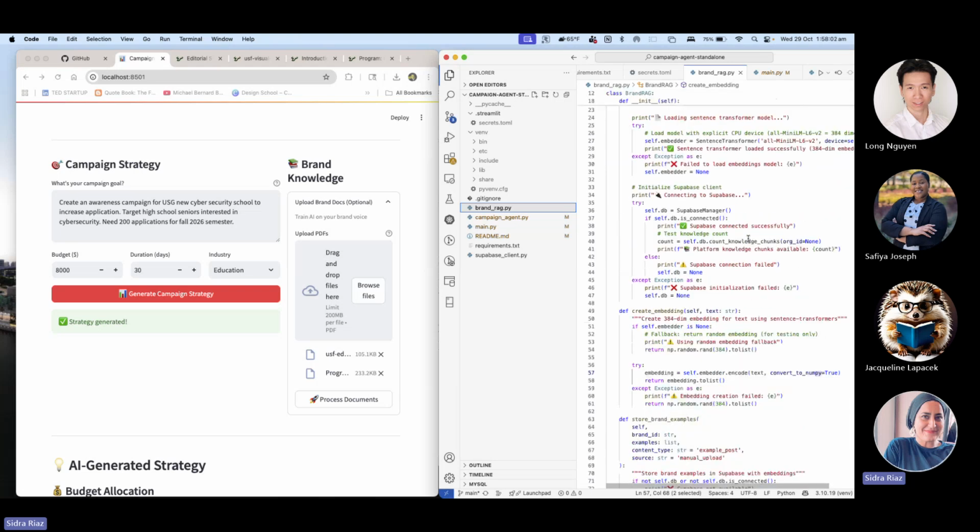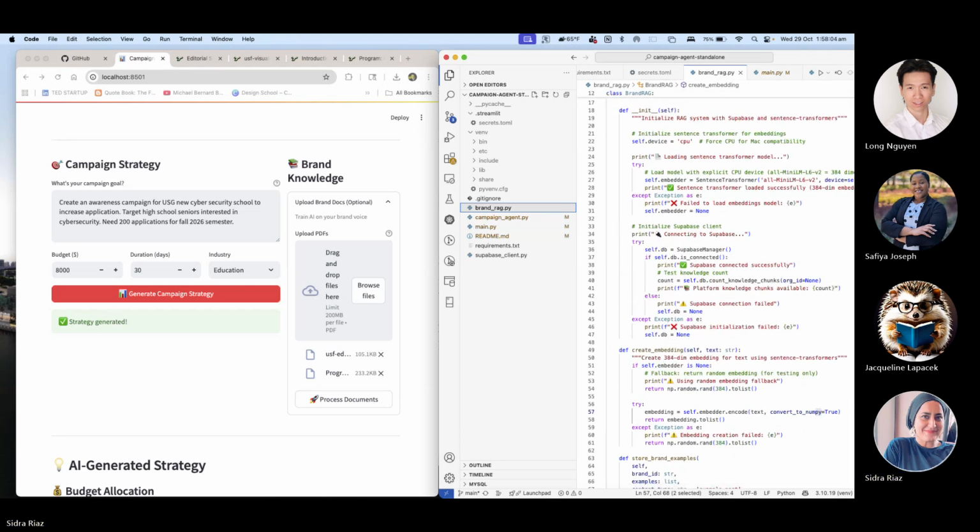So then we also have embedding over here. We're using sentence transformers, specifically the MiniLM-L6-v2 model. What this does is convert the text into 384 numbers that capture meaning and context.